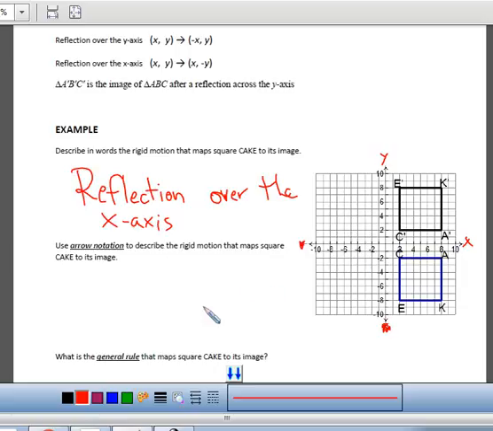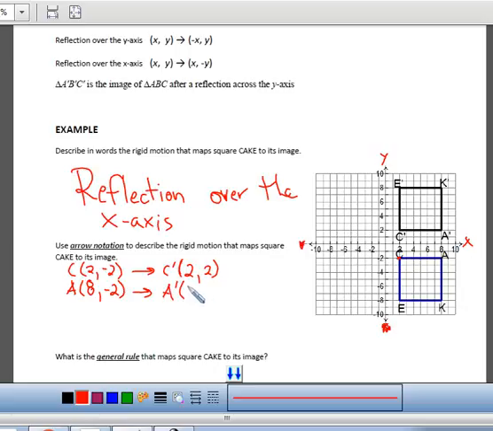So what we're doing is we're basically rewriting all the points. So we've got C, which is point 2, negative 2, that's right here. And that's going to C prime, which is right here. That is 2, 2. Then we have letter A, which is 8, negative 2. Flipping over the x-axis, getting us A prime.